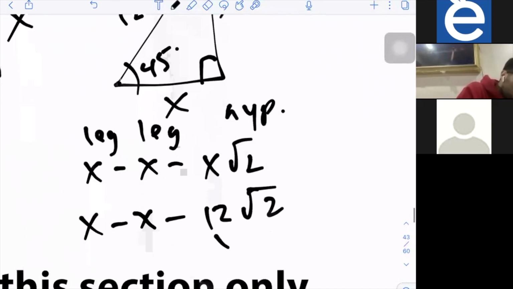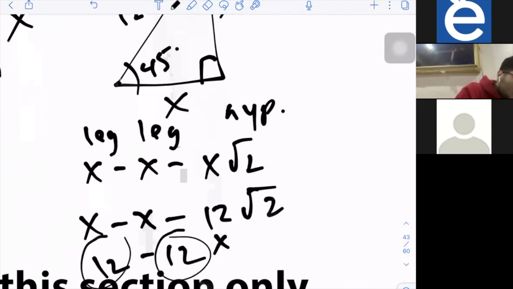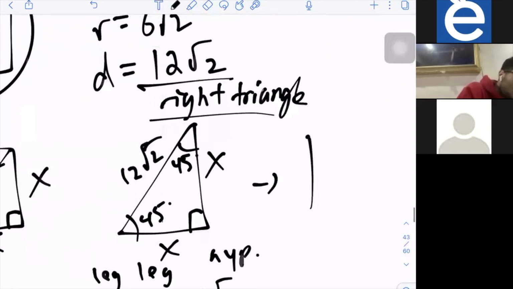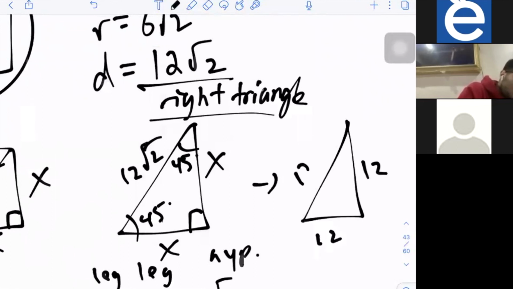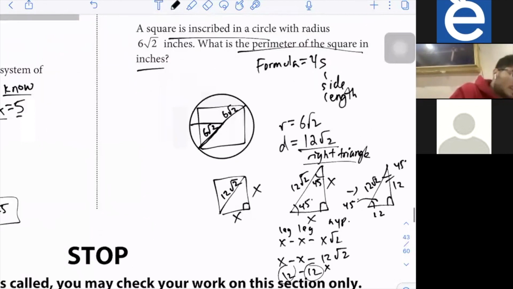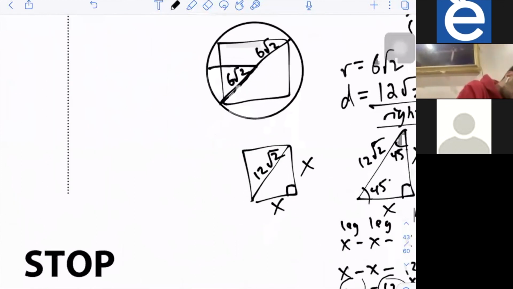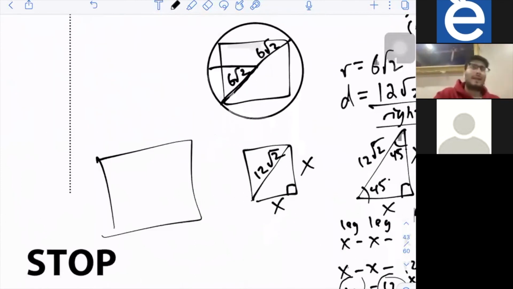So we know if this is the x, the legs have to be 12 and 12. So the sides are now 12, 12, 12 radical 2 with the 45-degree angle. Since the sides of the triangle are 12, the side of the square is also 12.